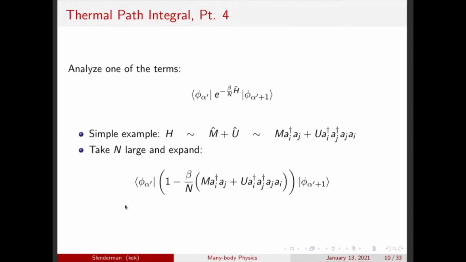But the fact is that you have to insert resolutions of these coherent states, and these coherent states have to be close enough such that the difference between the n's, the number of occupied particles they have in these coherent states, are small, so that you can treat beta over n as this infinitesimal time step, so that you can expand.